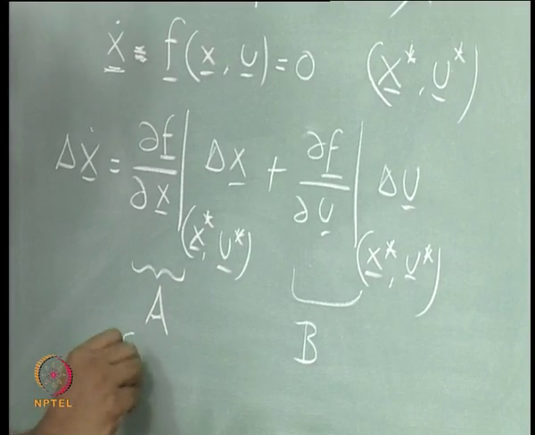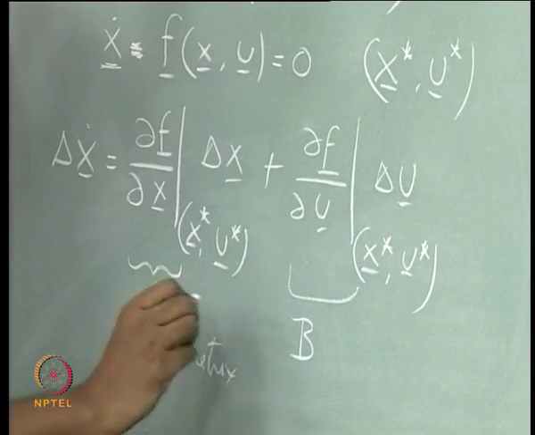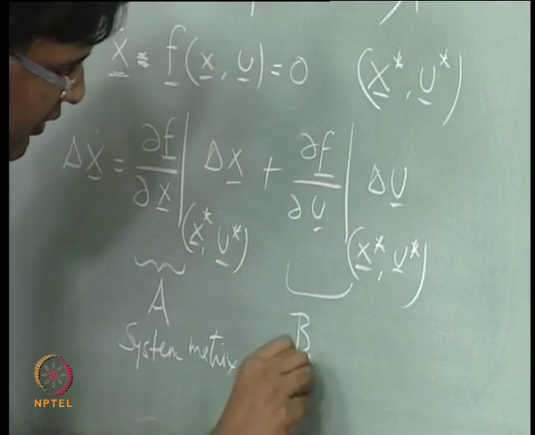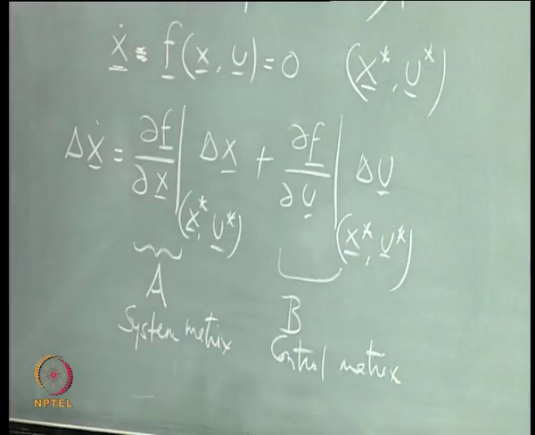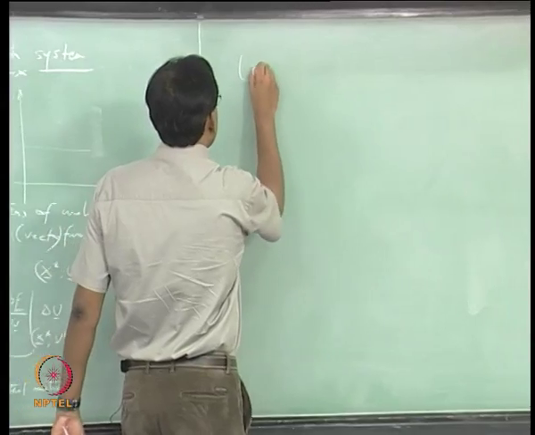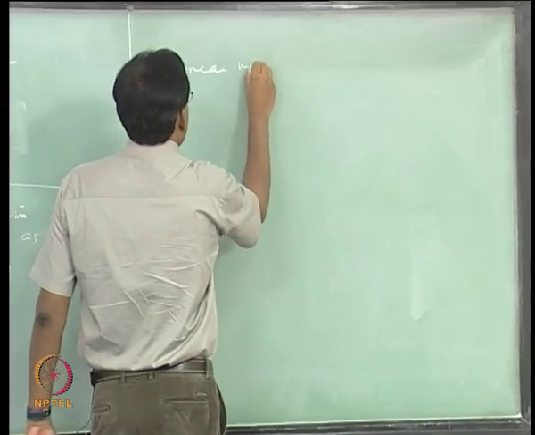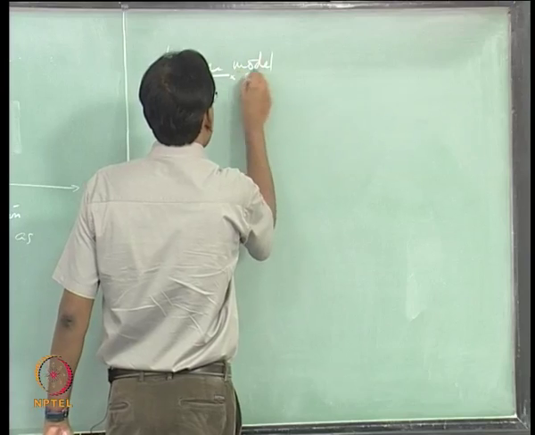So, A is the system matrix and B is the control matrix. So, we have our linear aircraft models around the equilibrium point.